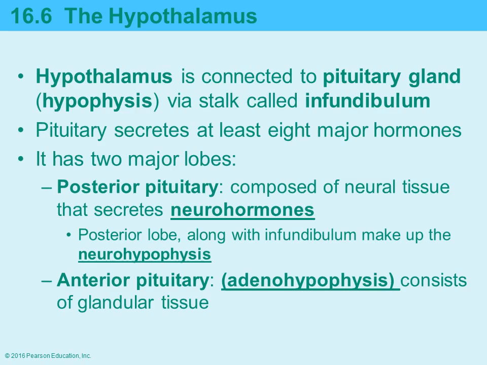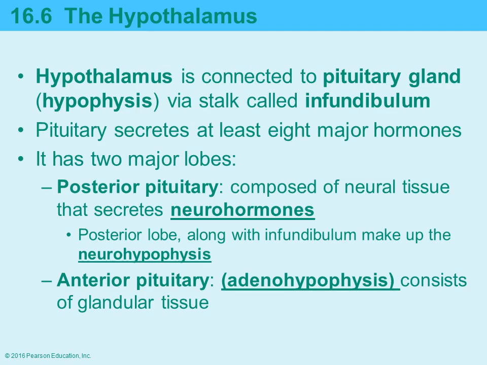And then in the third column, write the target cell. Where is it going to bind to? And then in the fourth column, what's the effect or function of that hormone? What is it going to do when it binds to that target cell? By making a chart, having it all in one place, I think will help you with learning and studying the various hormones.